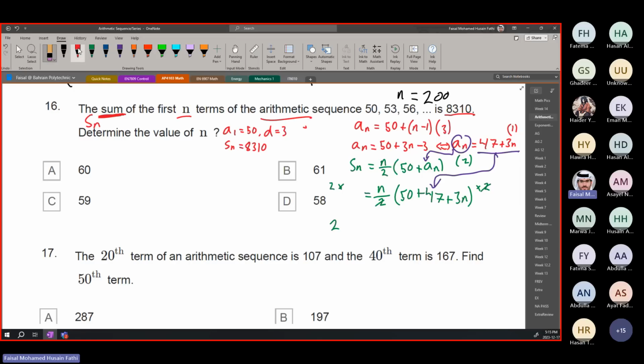We know that Sn is 8310. 2 times 8310 is going to be 16620, which is equal to n times 97 plus 3n, so 97n plus 3n squared, because we have n times n. We distribute the n.